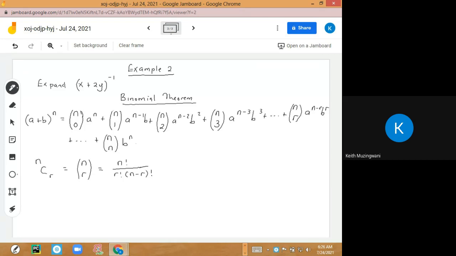Yes. So you see now what is going to happen here. After they got the generalized form of this theorem, the n choose 0, n choose 1, n choose 2, n choose 3, n choose r, n choose n, all these are just giving us the coefficients that we obtain using Pascal's triangle, except that Pascal's triangle did not talk about negative n. But this theorem also caters for negative powers.